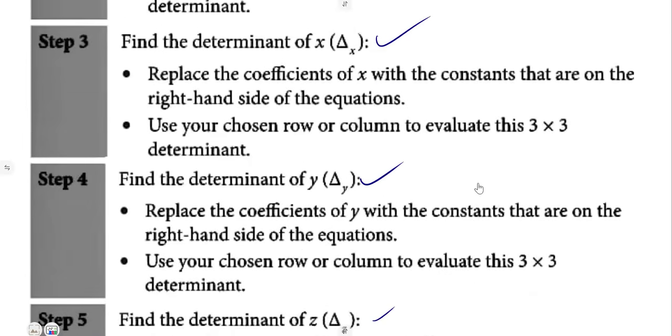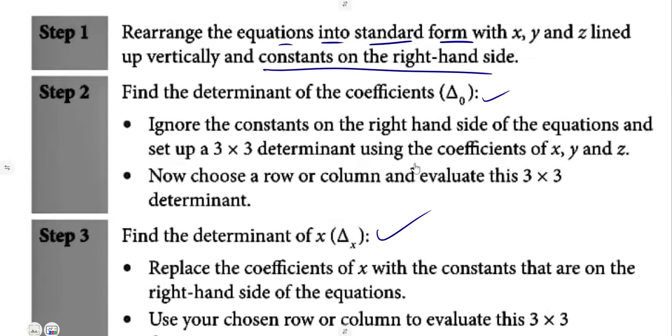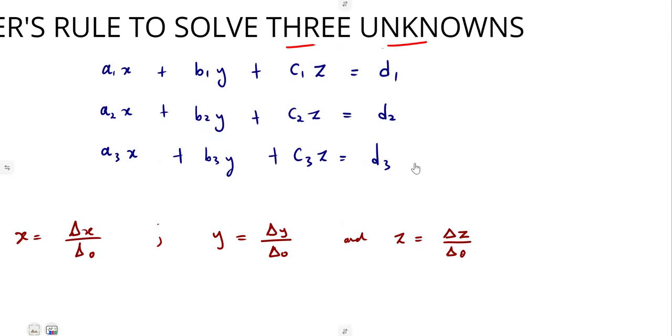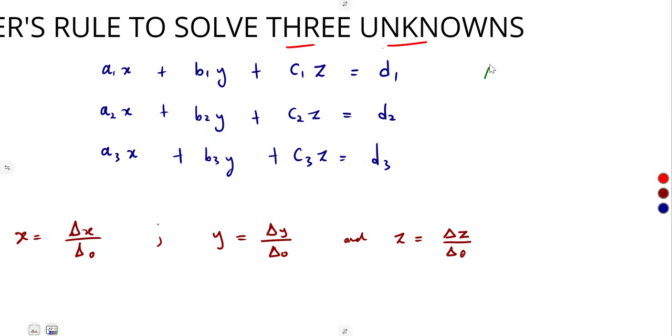So the question is, how are we going to find these delta x, delta y? As before, in order for you to determine delta x, it is x which is affected. So this time, as we can see, we have three rows that we must obtain.